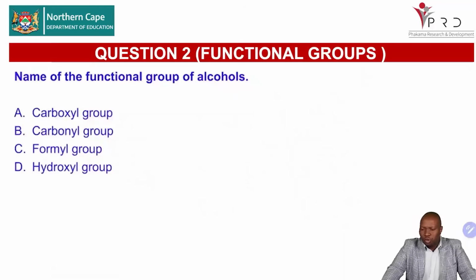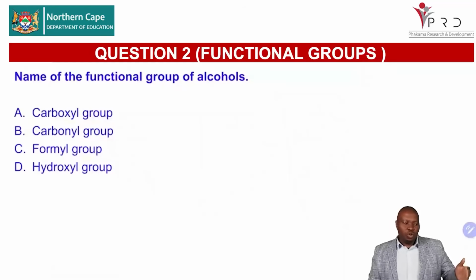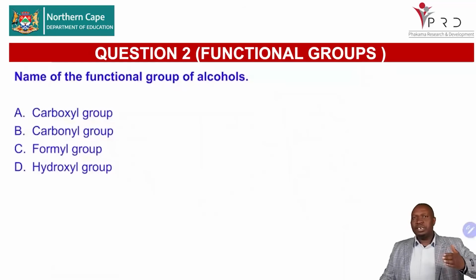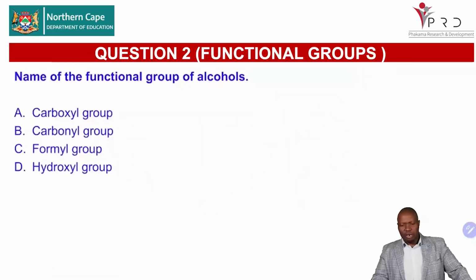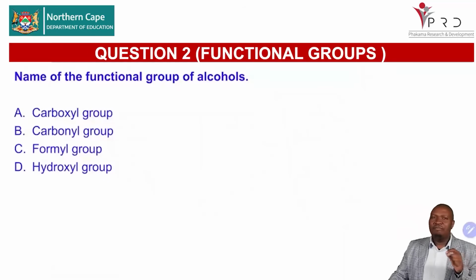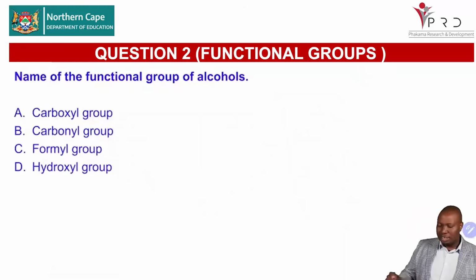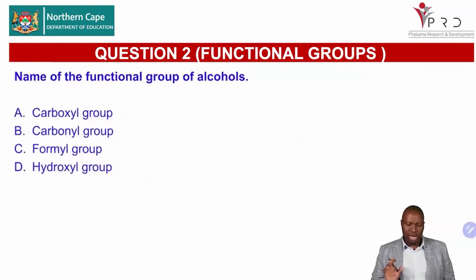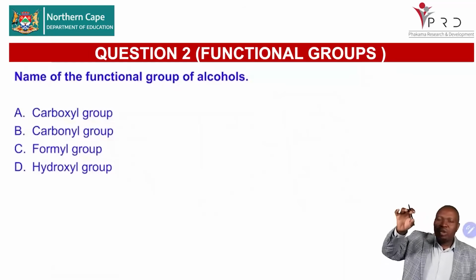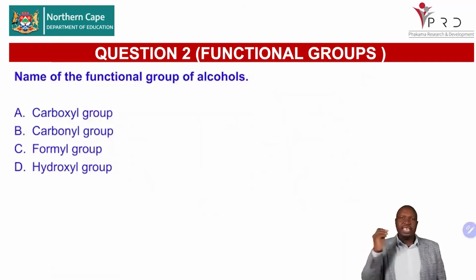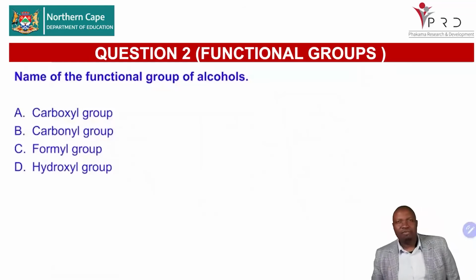Now, question 2 is about functional groups, because as well as knowing the general formulas, the expectation is that you must know all the functional groups. Some of these functional groups have names, and the ones that have names are the ones in this question. I like this question because it shows you the functional groups that have names, and the expectation will be to write down the name of the functional group.